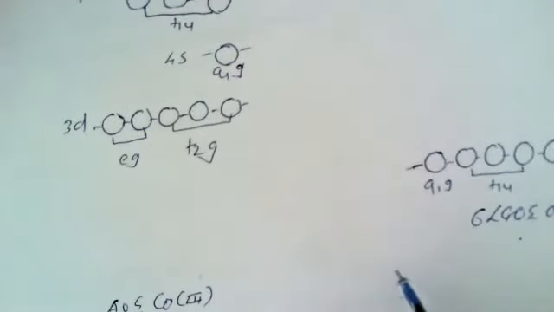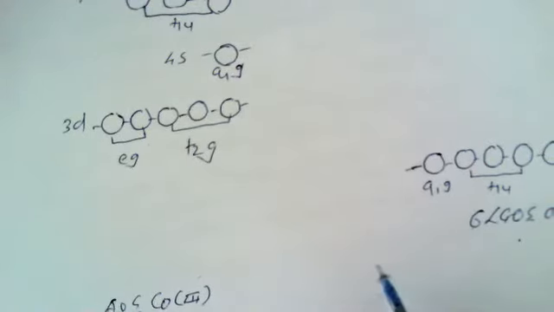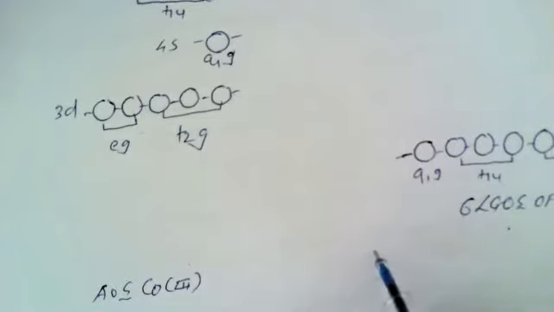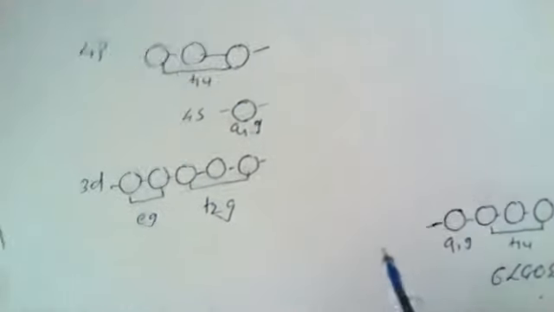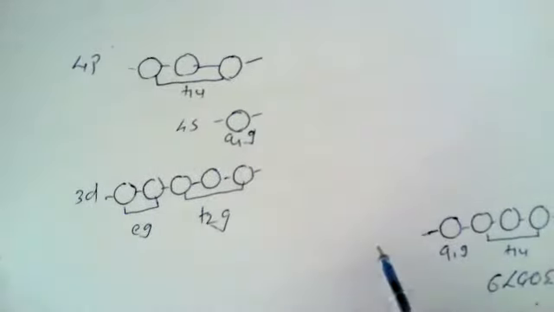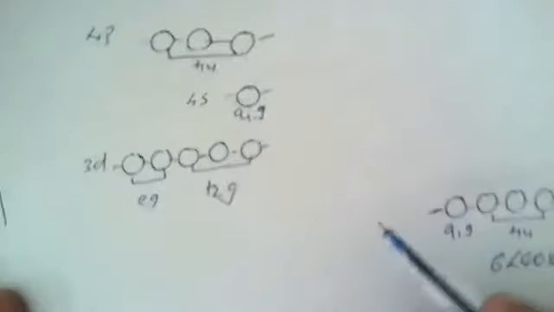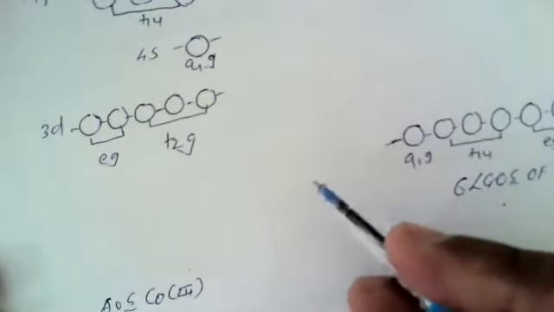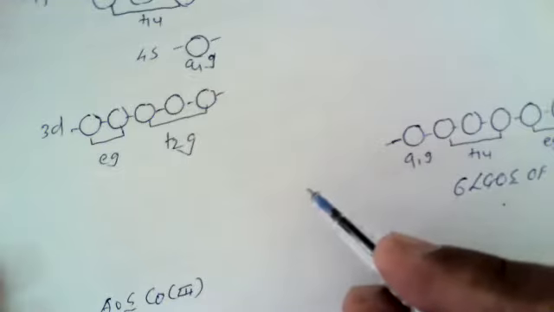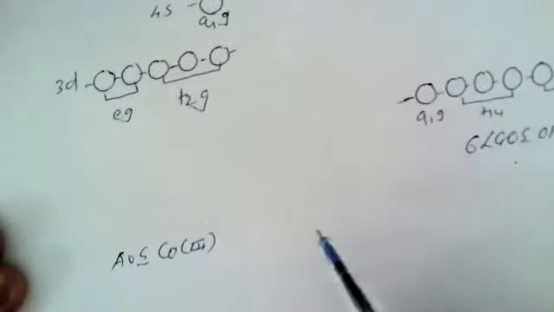So this is how we have constructed the blank MO diagram for the hexafluorocobaltate 3 ion, where 15 atomic orbitals coming from the metal as well as the LGOs have been shown here.